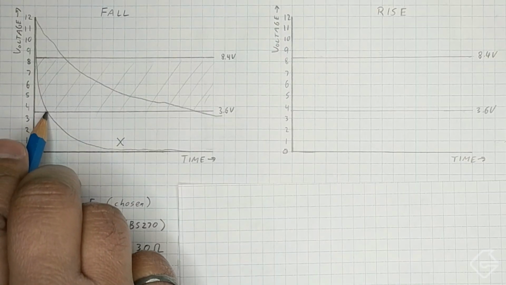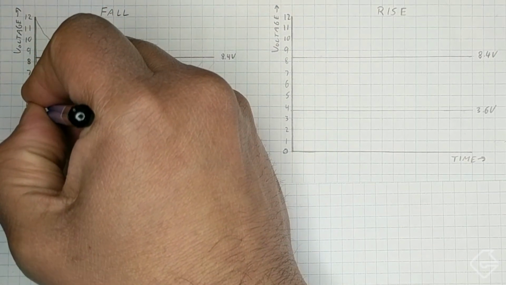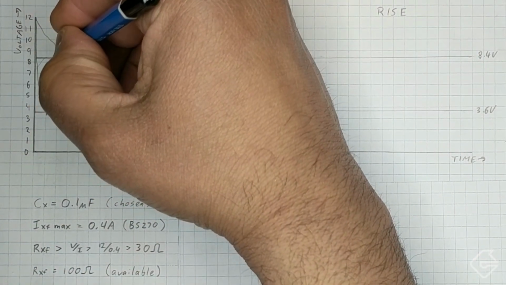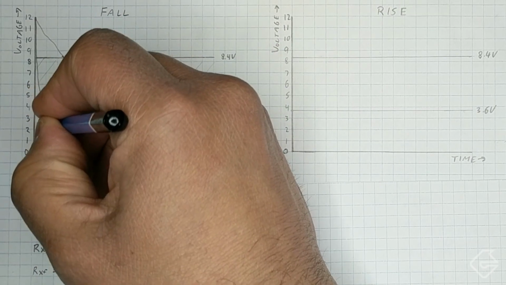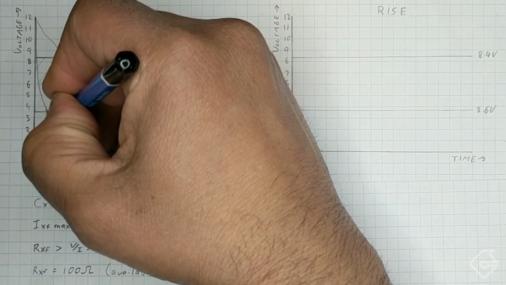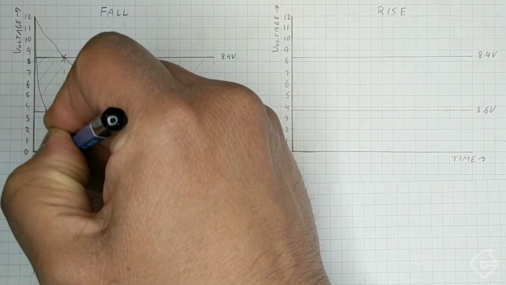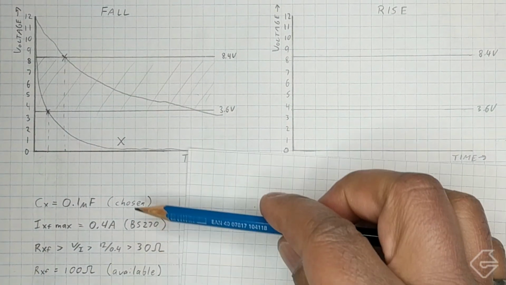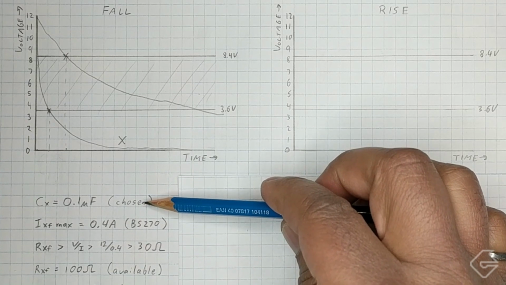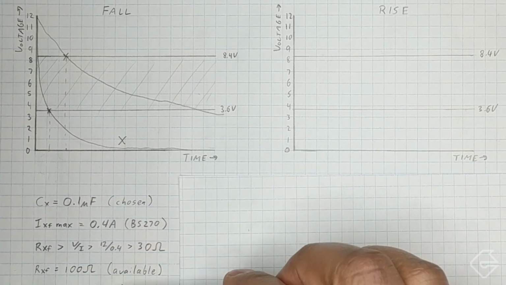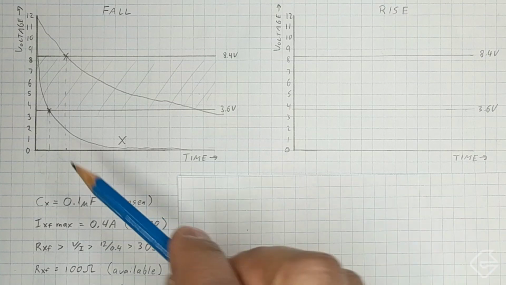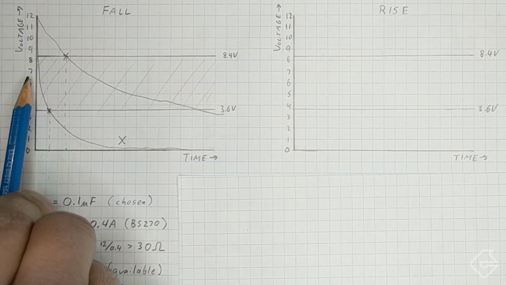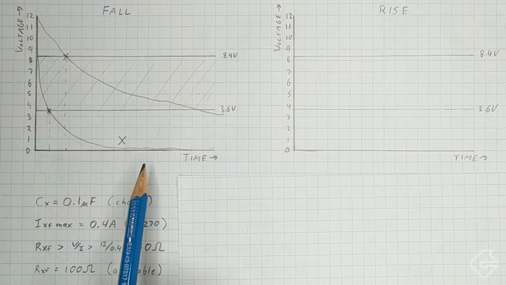So this point right over here is important, and this point right over here is important. These 2 points are our critical times that we need to monitor in order to get our results. Based on these values, this capacitance of 0.1 microfarads and an RXF of 100 ohms, we can actually calculate that time for that particular curve.